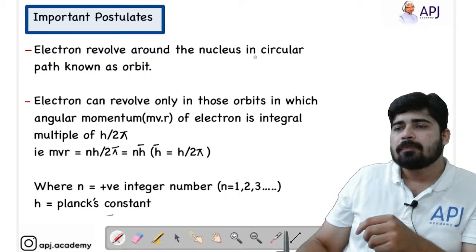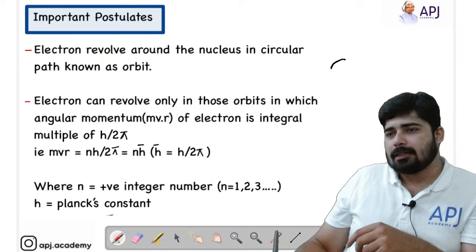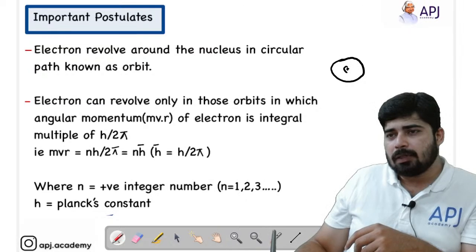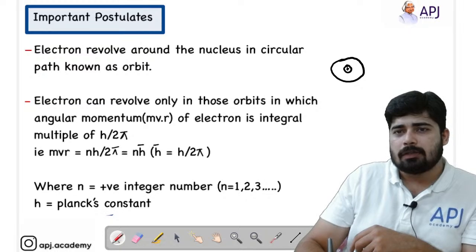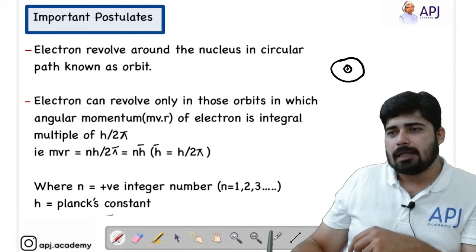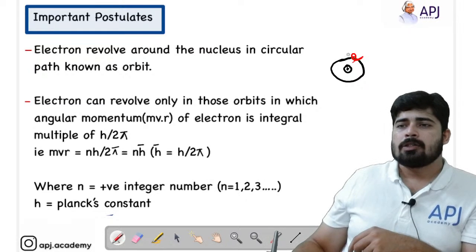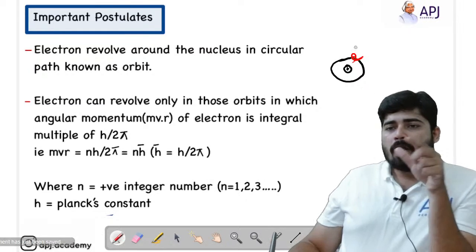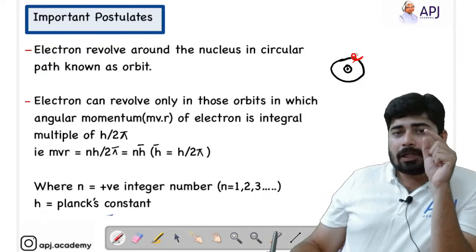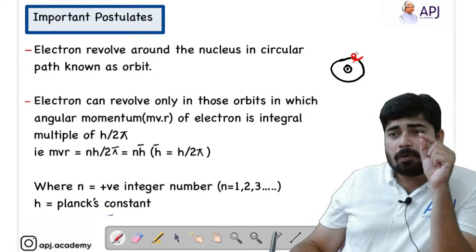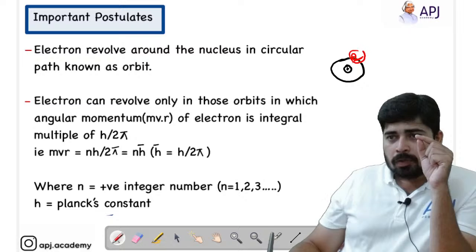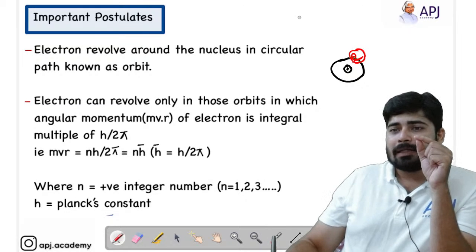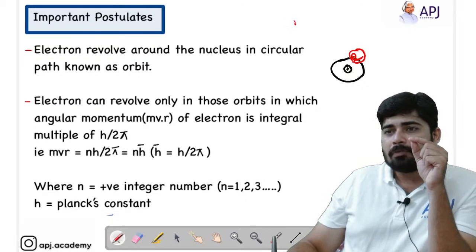What does that mean? We know that this is an atom. Here we have a central nucleus. We know that the electron is revolving around the atom, so let's consider this as an electron. What Bohr said is that the electron can only revolve around those orbits whose angular momentum, what do you mean by angular momentum?